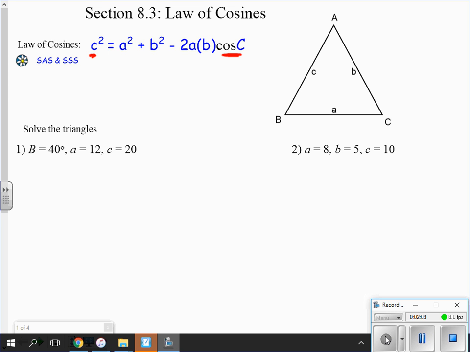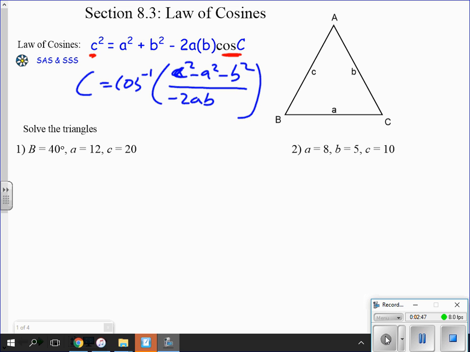Now, if you solve this for angle C, you can use it to find the angle measurement. The angle C is equal to the inverse cosine of, sorry, my bad, C squared minus A squared minus B squared all over negative 2AB.